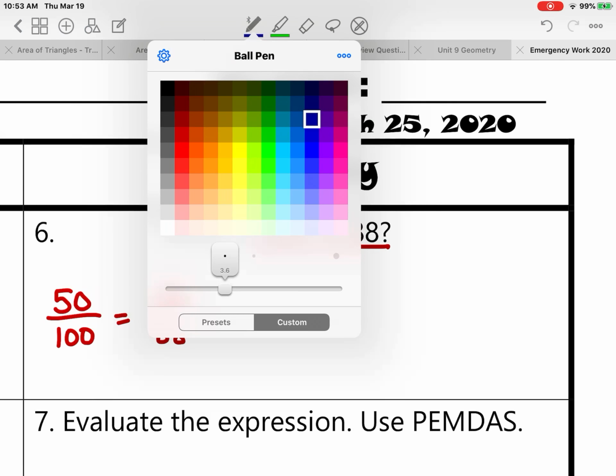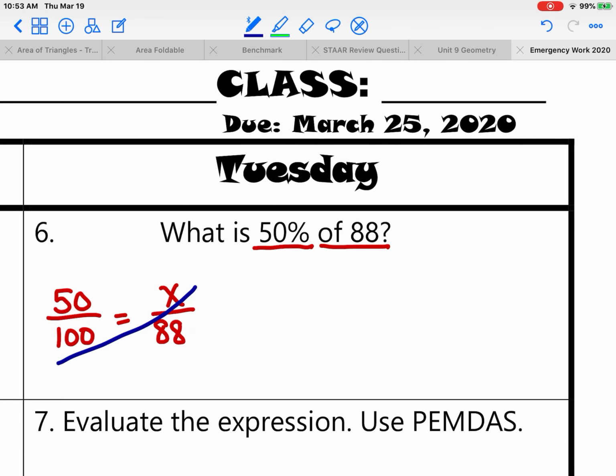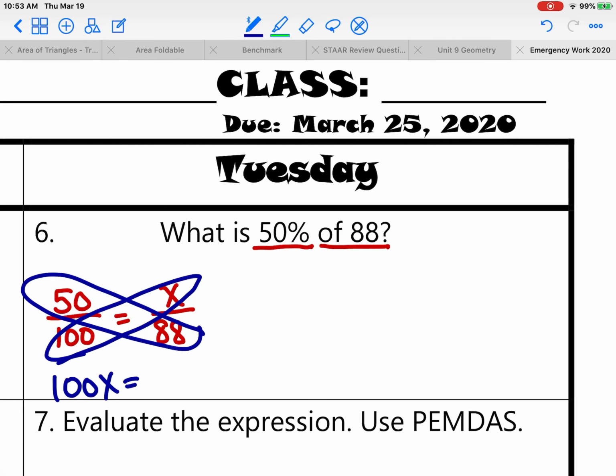Then, if you remember my little jingle that I taught you, we're going to butterfly, multiply, divide by the lonely guy. So 100 times x equals 100x. 50 times 88 equals 4,400. All right?